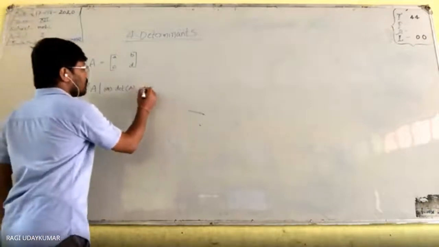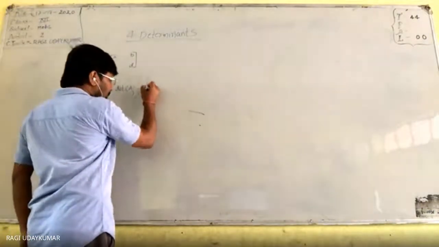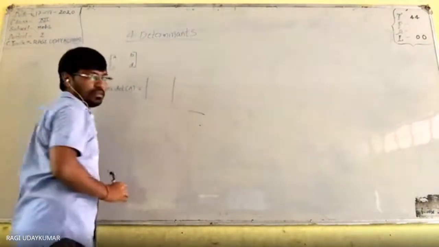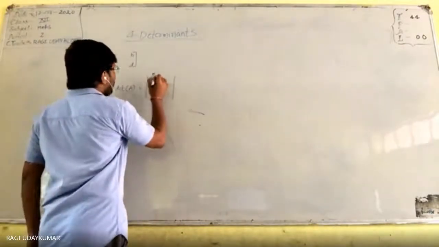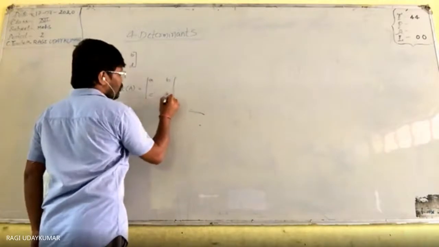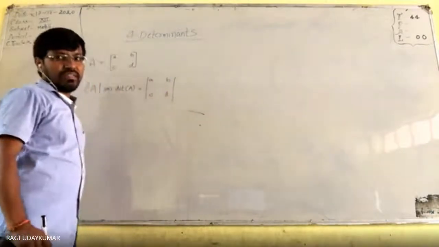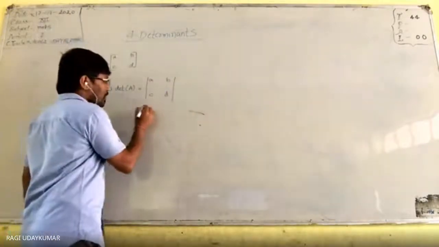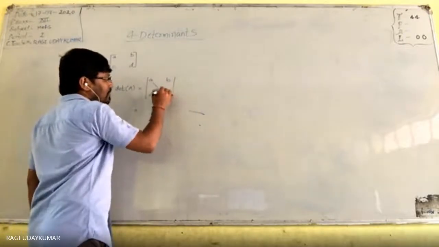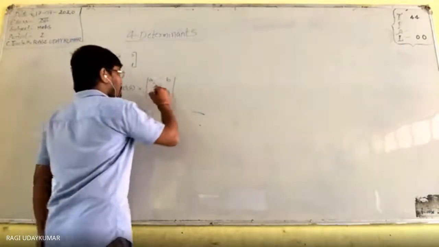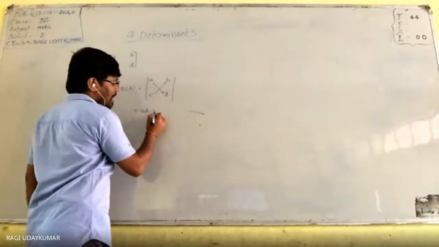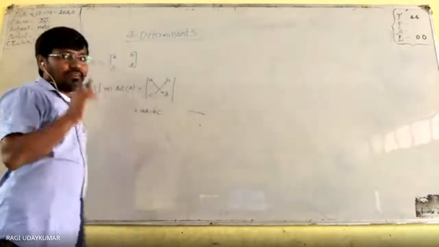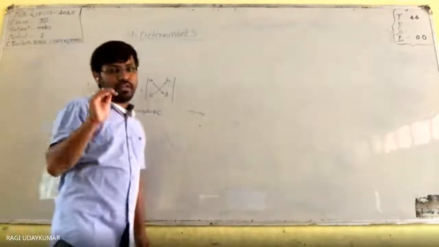So when you write the matrix between these 2 lines instead of brackets, it shows the determinant. For the 2 by 2 matrix, it is the product of these 2 minus the product of these 2: ad minus bc. The determinant of a matrix can be negative also.